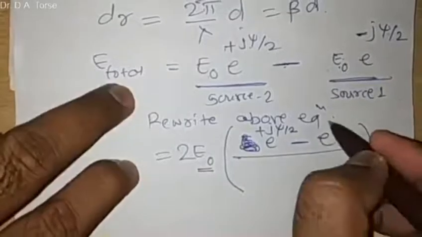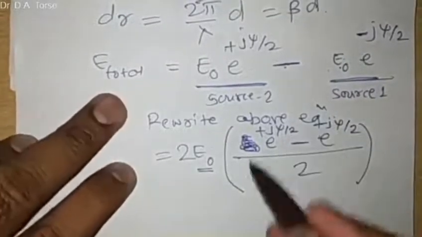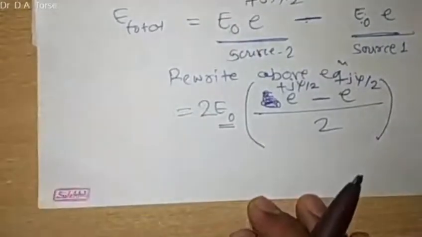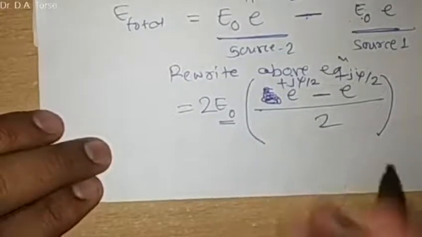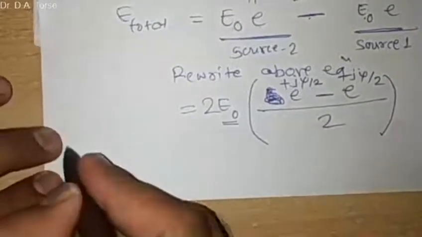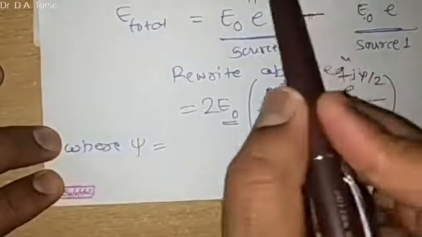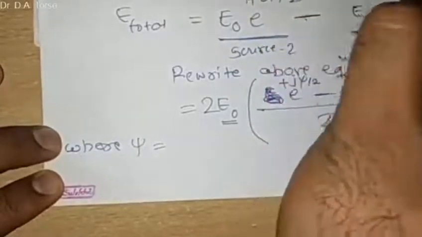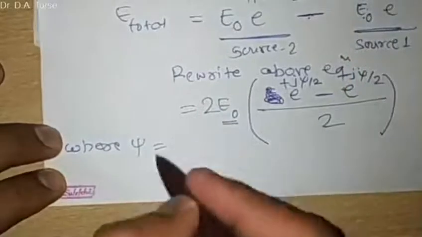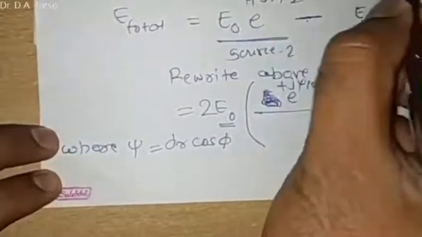Now the term inside the bracket, by trigonometry, is a sin psi by 2 term, where, let me write what psi is first, where psi is represented by dr cos phi. So it is actually psi by 2.